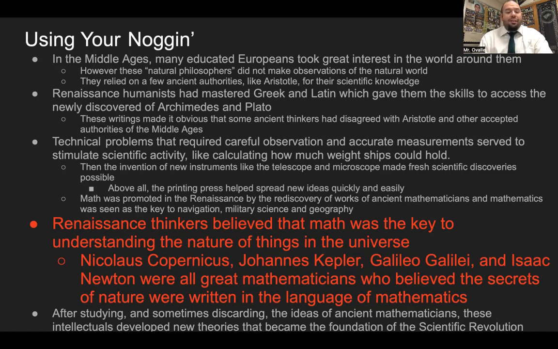Thinkers like Nicholas Copernicus, Johann Kepler, Galileo Galilei, and Isaac Newton were all great mathematicians who believed the secrets of nature were written in the language of math. After studying and sometimes discarding the ideas of ancient mathematicians, these intellectuals developed their new theories that became the foundation of the scientific revolution.